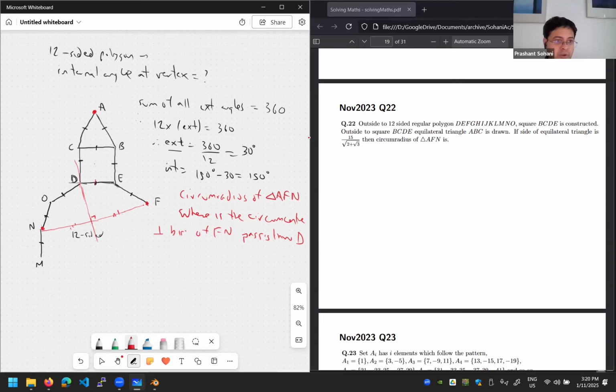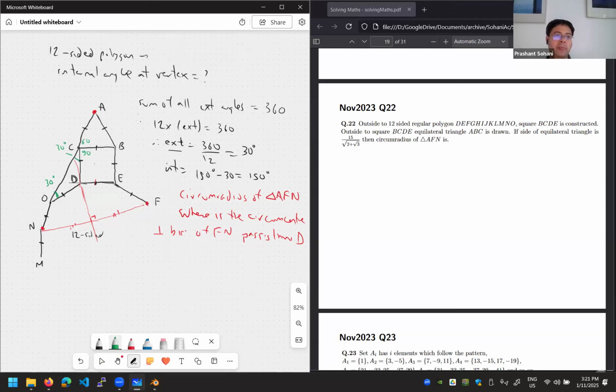So if I join this segment DC, you'll see that through the angles this is a straight line. Why? Because this angle is 30 degrees, since that is the external angle of my 12-sided polygon. And this is 60 and this is 90, so 60 plus 90, so this is also 30 degrees.